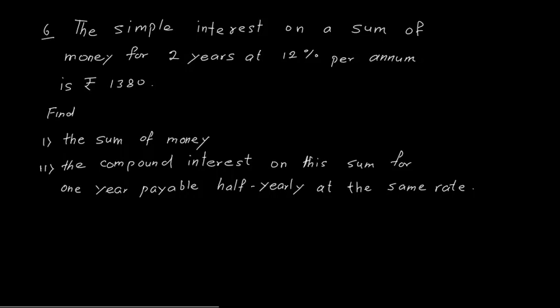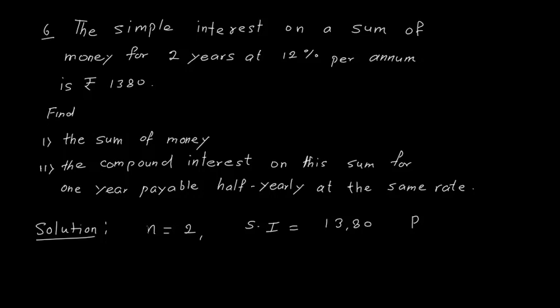First let us write all the data which is given. Here n is given 2, simple interest is given 1380, and rate is given 12%. Principal we don't know.